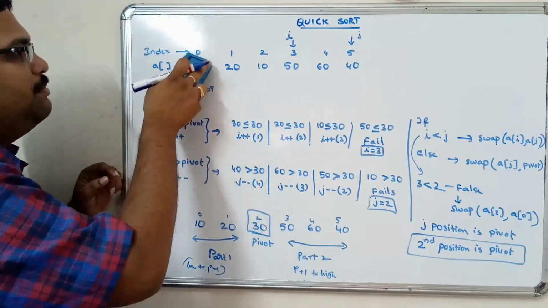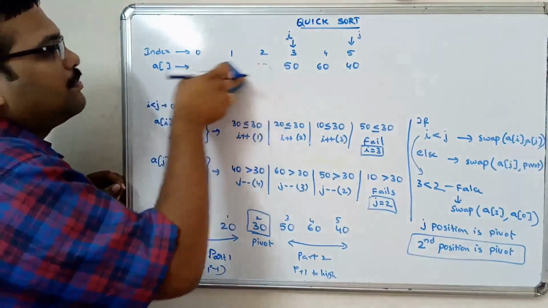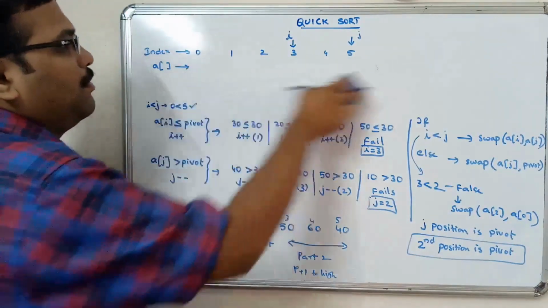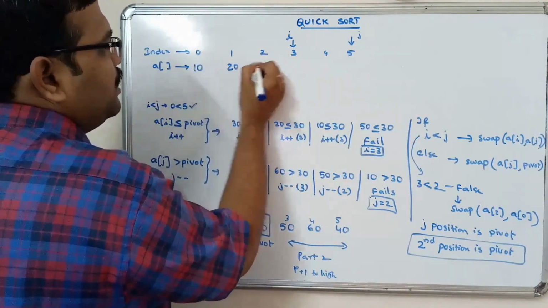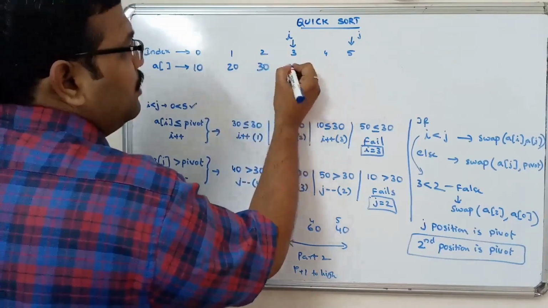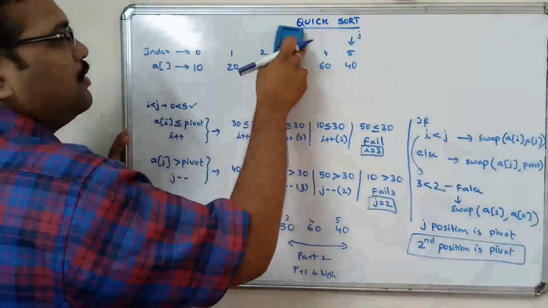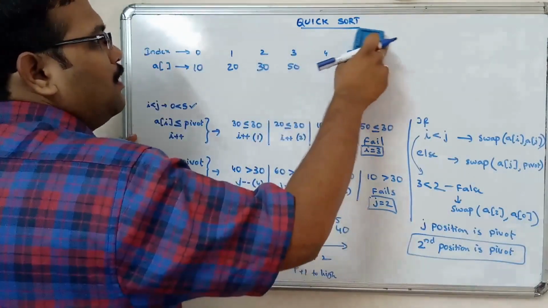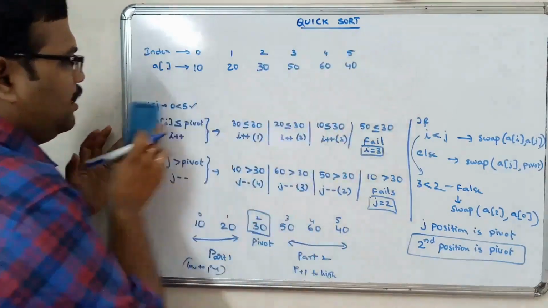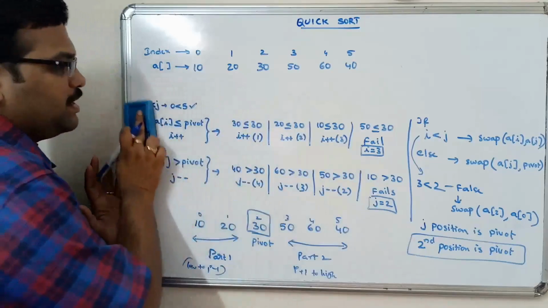Now let us write these elements here. 10, 20, 30, 50, 60 and 40. Right. I will erase all these things. This is about the first recursion.